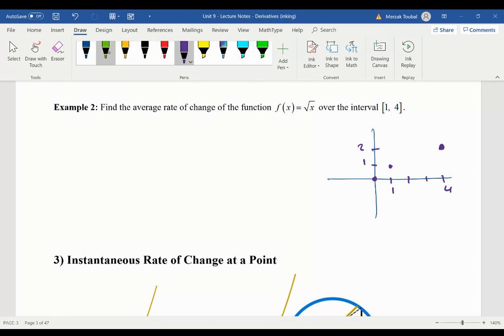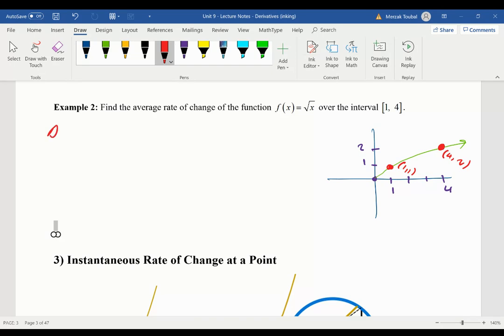So we get something that looks like this. Now we want to find the average rate of change between these 2 points. This is 4, 2, and this is 1, 1.